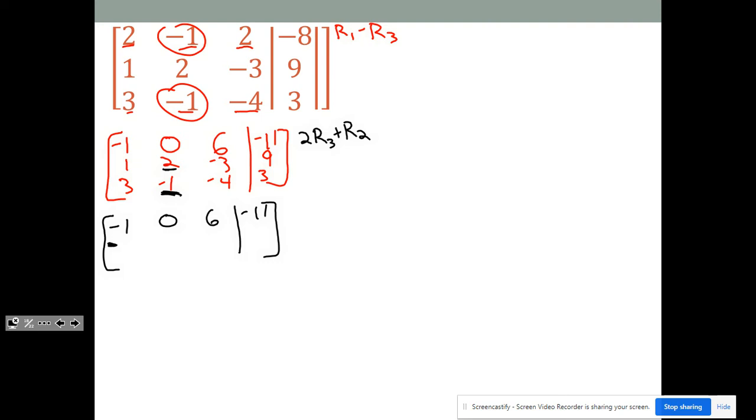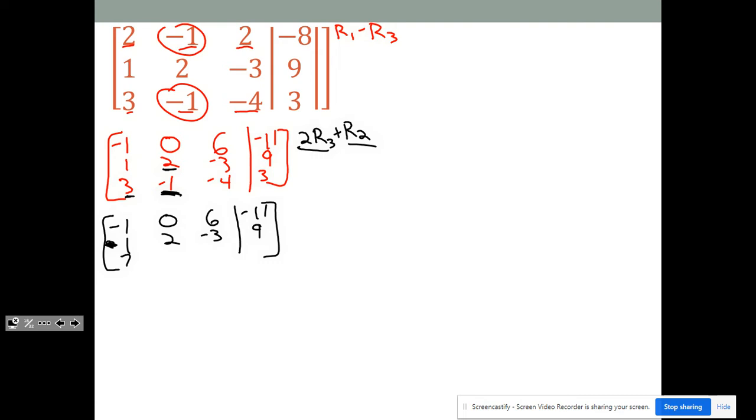So rewrite row 2. Okay, so now row 3, I'm taking 2 times row 3 and then adding row 2 to it. So 2 times 3 is 6 plus 1 would be 7.